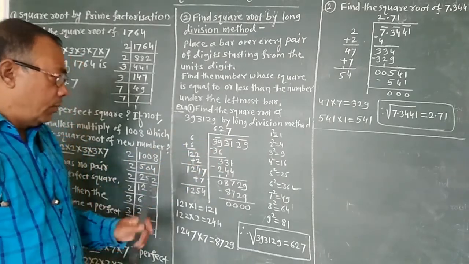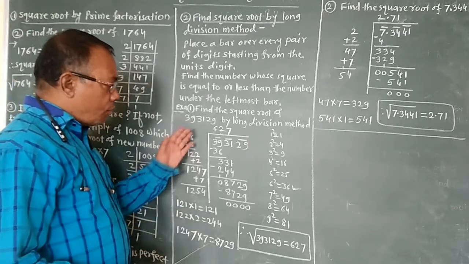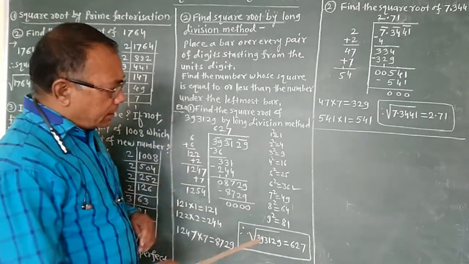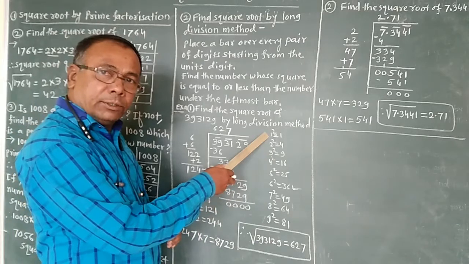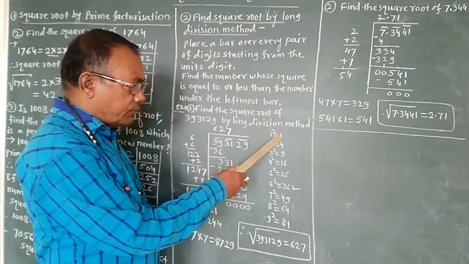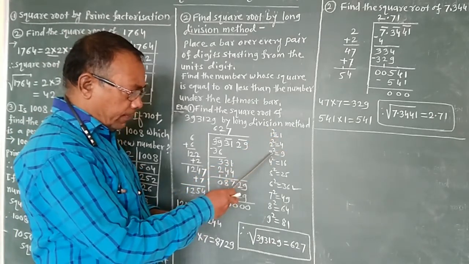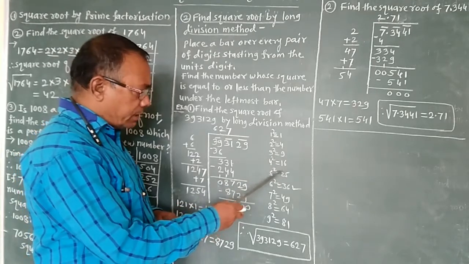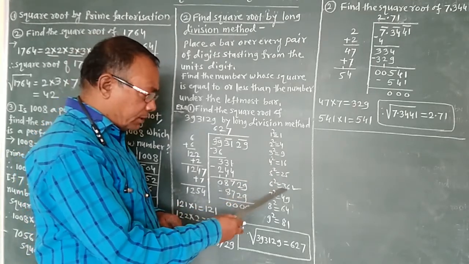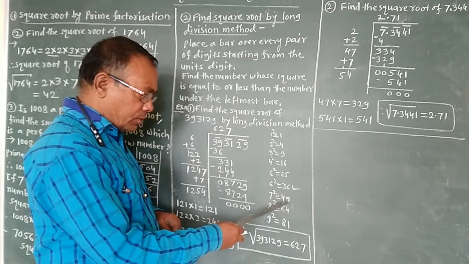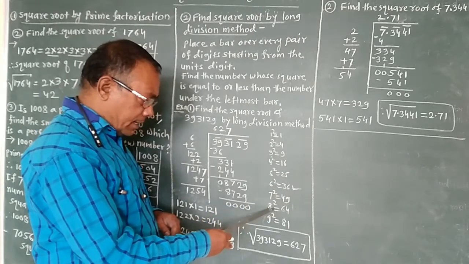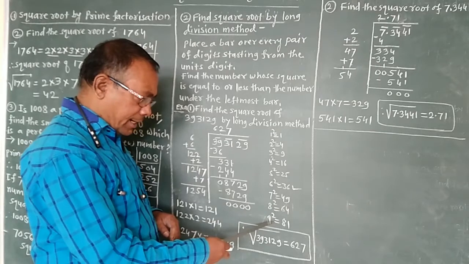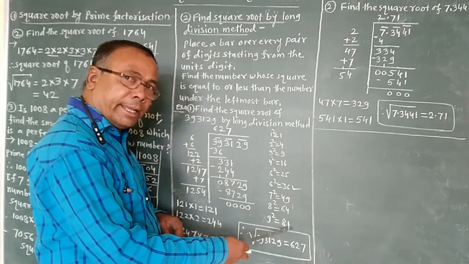Before dividing, I have written the squares: 1 squared is 1, 2 squared is 4, 3 squared is 9, 4 squared is 16, 5 squared is 25, 6 squared is 36, 7 squared is 49, 8 squared is 64, and 9 squared is 81.